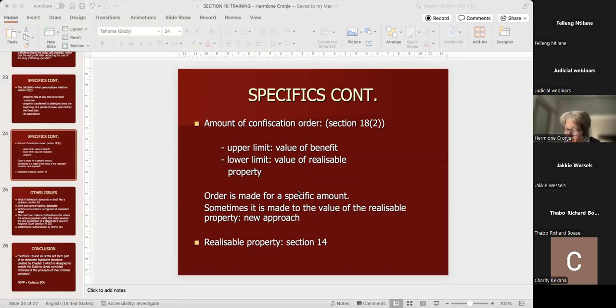The second question, though, is how are these proceedings supposed to work? So Section 18 requires the prosecution to file an affidavit in which they address the two questions that the court has to make a determination on. The first question being, was there a benefit? And the second question is, what was the value of the benefit?